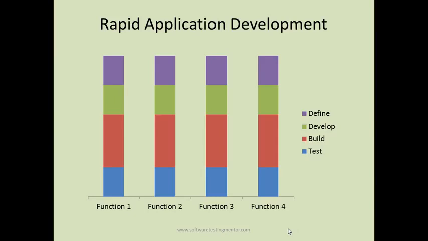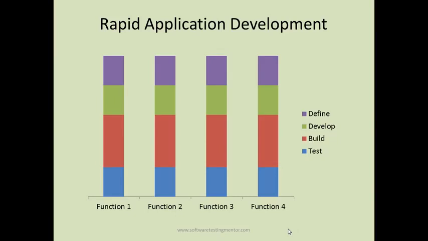Suppose you want to build something, and there are, say, 4 functionalities being developed in an application. You define some small teams, and everything is built at once. One team will build function 1, another team will build function 2, a third team will build function 3, and a fourth team will build function 4.